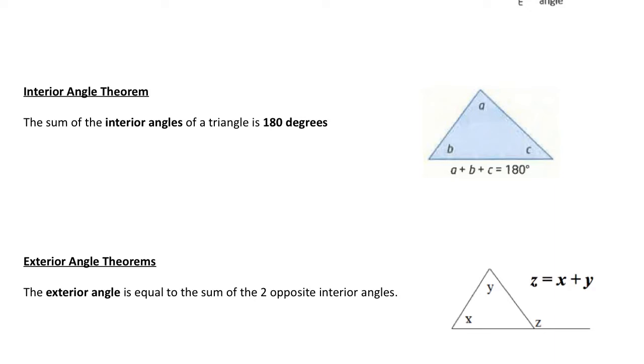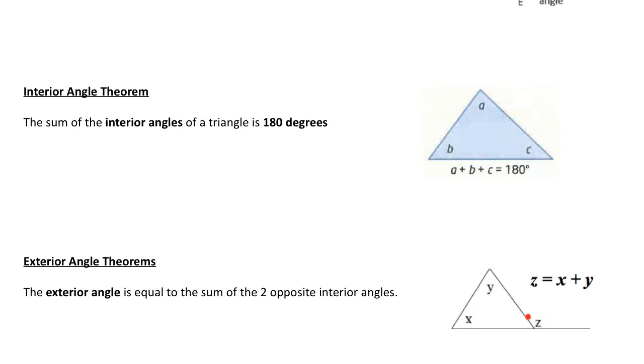It tells us that one exterior angle is equal to the sum of the two opposite interior angles. So here I have a picture of a triangle. From the vertex located at corner Z, we've extended out this line segment in order to create an exterior angle.